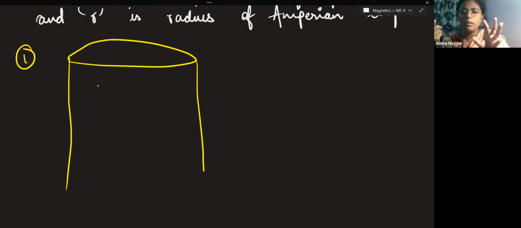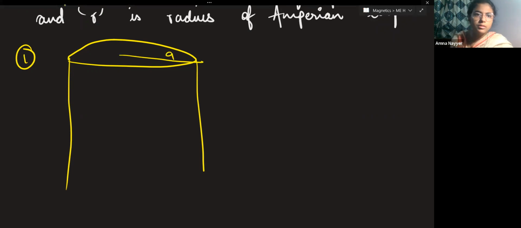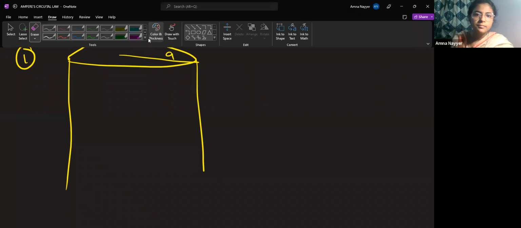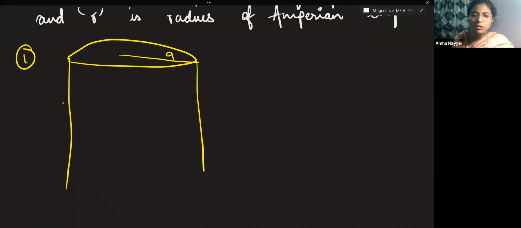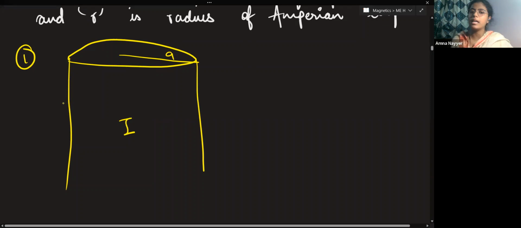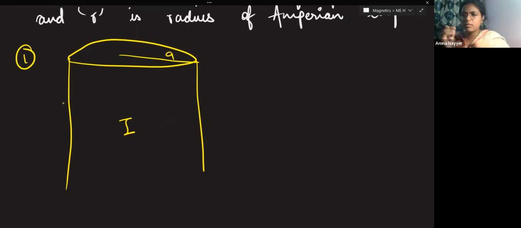I'm just drawing it broad because we have to move into the details of it. The radius of this is A. And the whole current that is flowing through this wire is I. Again telling you this, I have drawn it broadly, otherwise it's just a simple cylindrical wire like this.